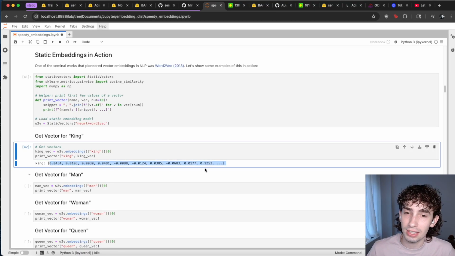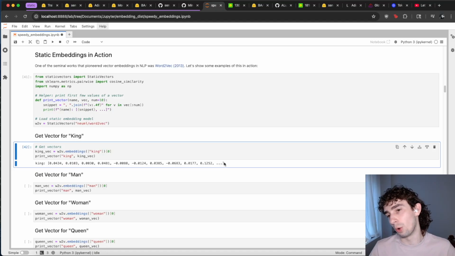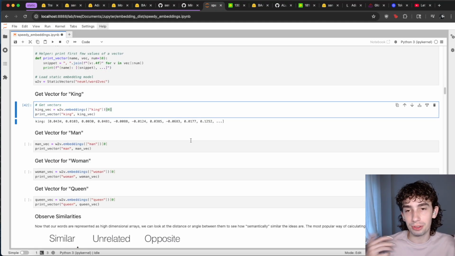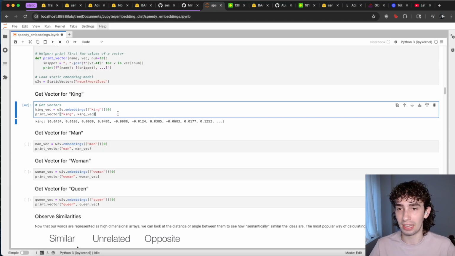And you'll see that king here has now become a large array of numbers. Each one of these numbers represents a learned dimension of the word king. These dimensions can be thought of similarly to how you and I understand dimensions: we live in a three-dimensional world, but thoughts, ideas, and things like the word king have a lot of different dimensions of understanding to them.